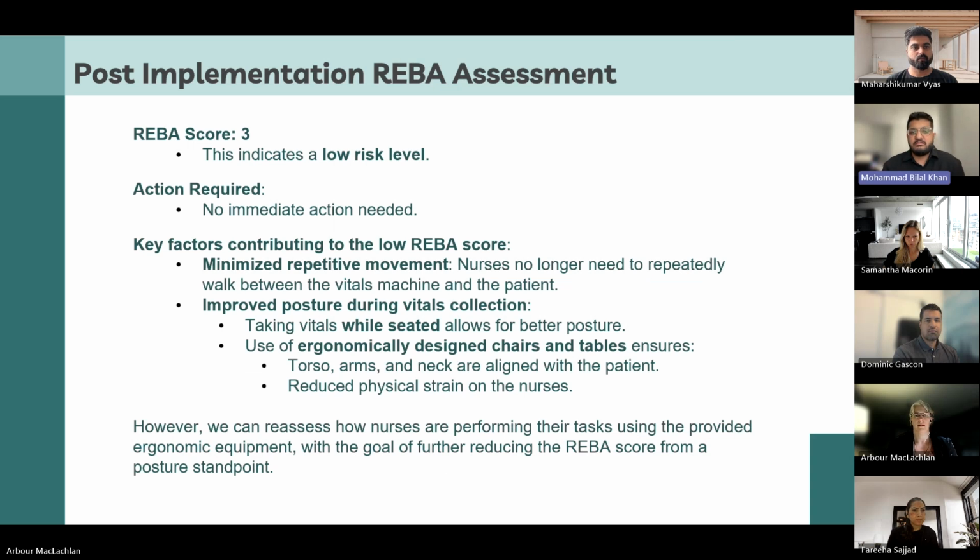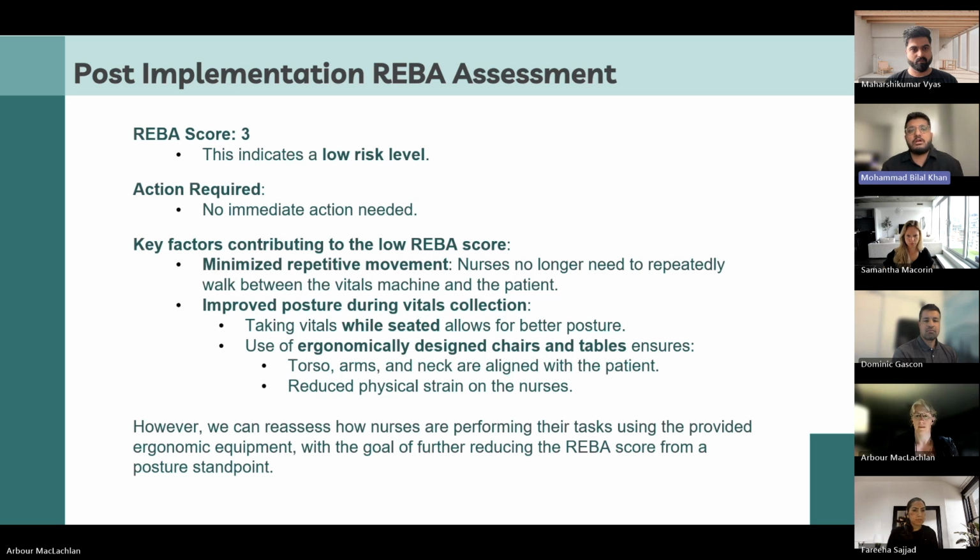Next slide. Finally, we reassessed this task using REBA, and the score was 3, which classifies as a very low risk and no immediate action required for this task, which is significantly better than the pre-design of this task. The key factors contributing to the low REBA score would be minimized repetitive movements, whereby the nurses no longer have to walk physically to the vital station or to address patients, and improved posture while collecting vitals.